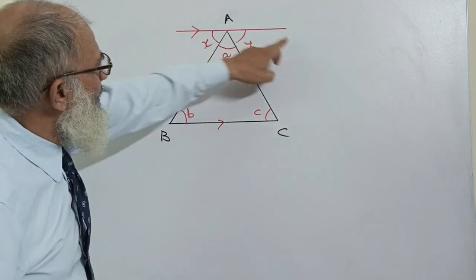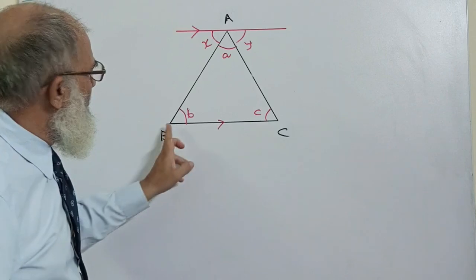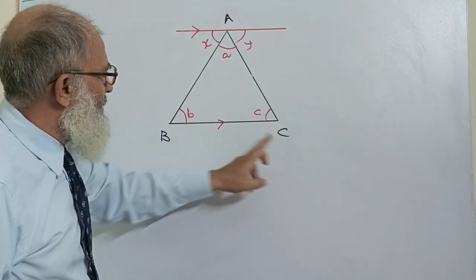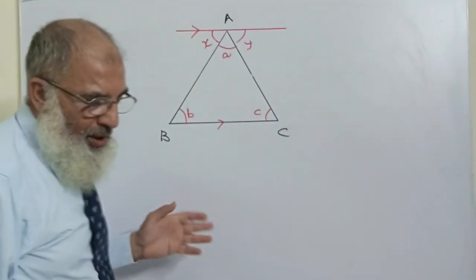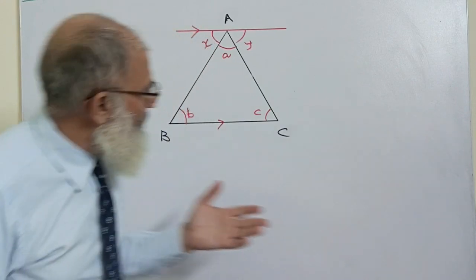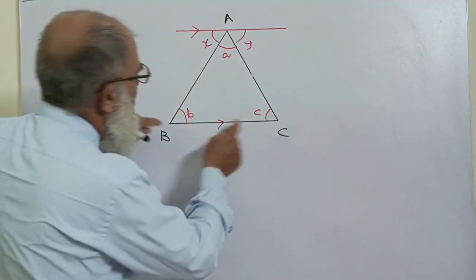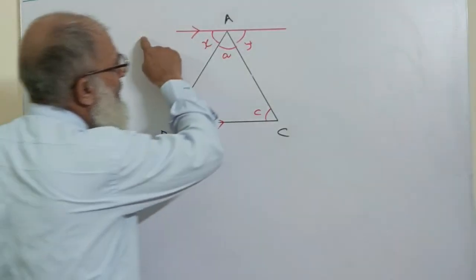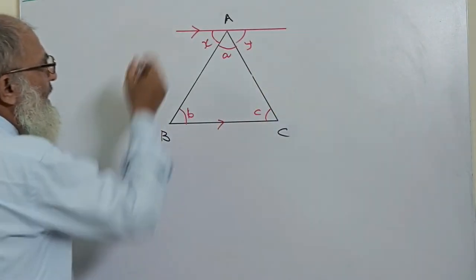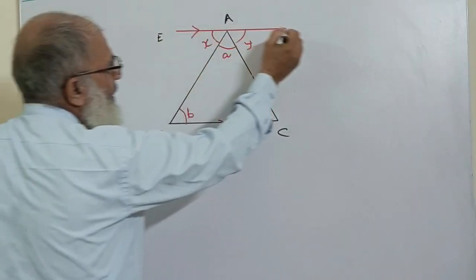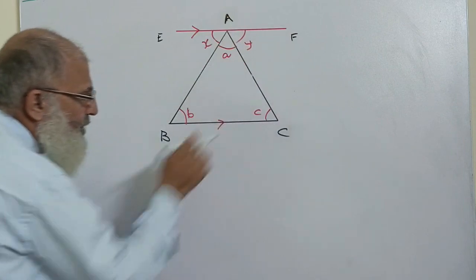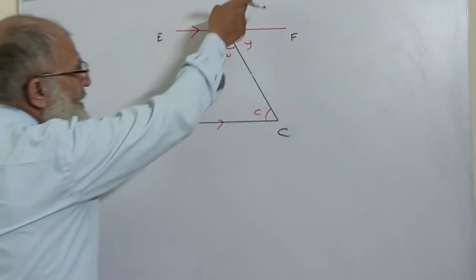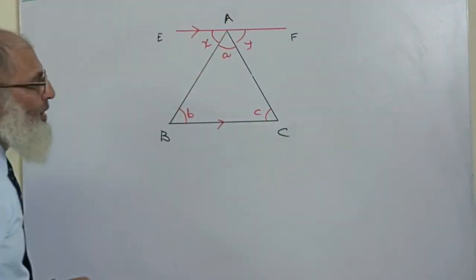Now this line, the red line, is parallel to this BC line. Okay, it is very easy. Now this line EF is parallel to this line, and this is a transversal AB.